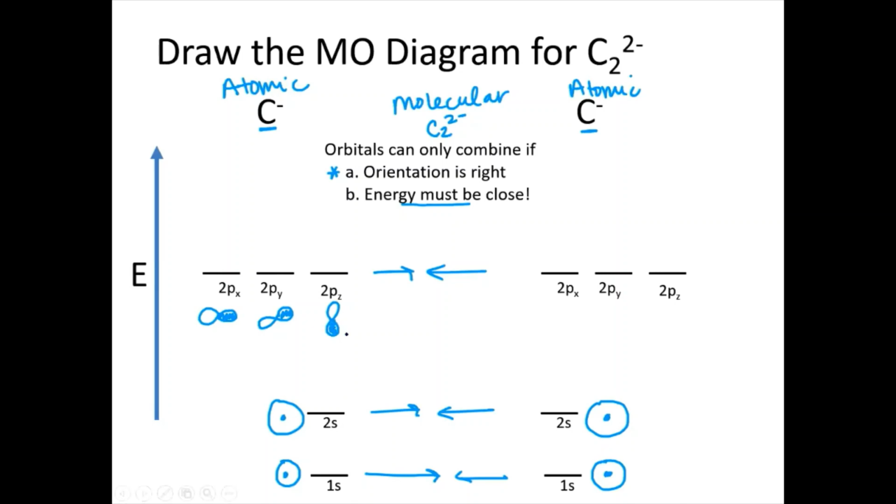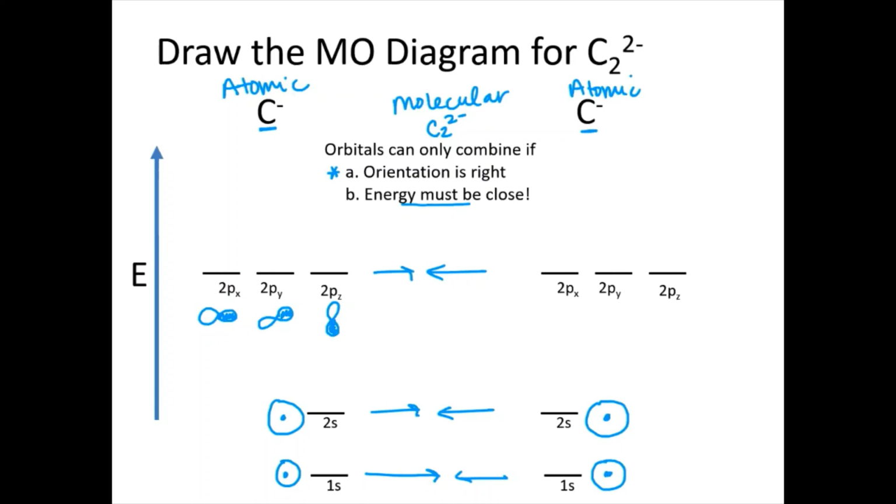Okay, so I'm going to get out my pillow again. Here's my p orbital. I've got the px orbital that's this way, in line with the paper. I've got the py that's coming in and out of the board. I've got the pz that's up and down.